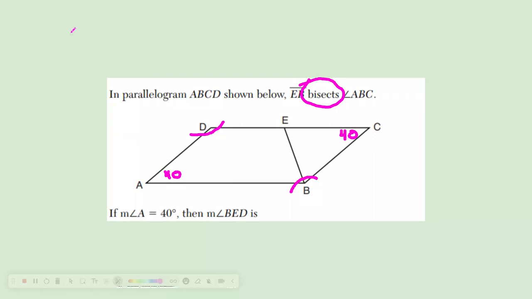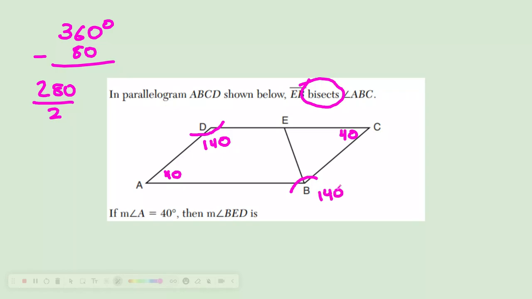Well, remember, we need 360 degrees, and we already have 80 degrees. So we subtract that, and we get 280 degrees. So D and B are congruent, because opposite angles are congruent. So we just divide 280 by 2. So we know that D would be 140, and then B has to be 140.